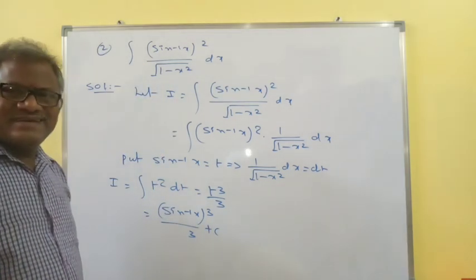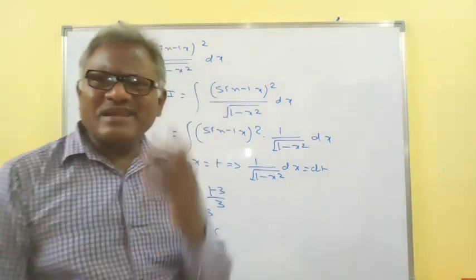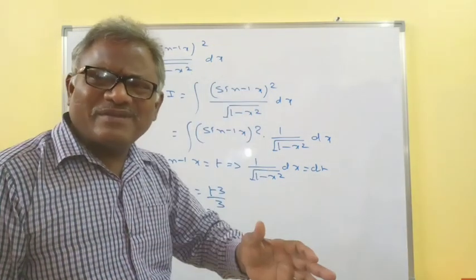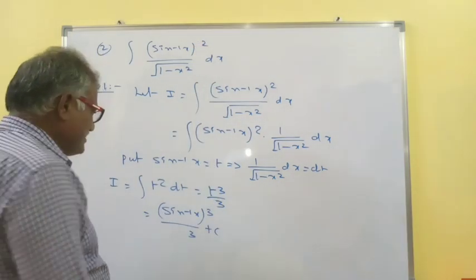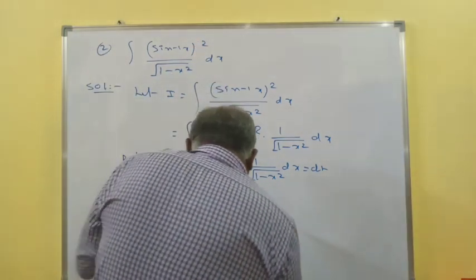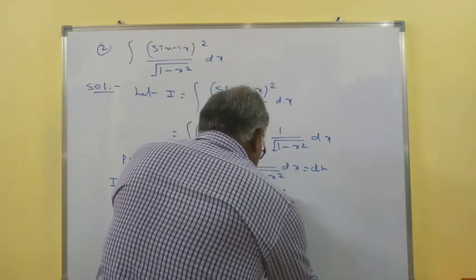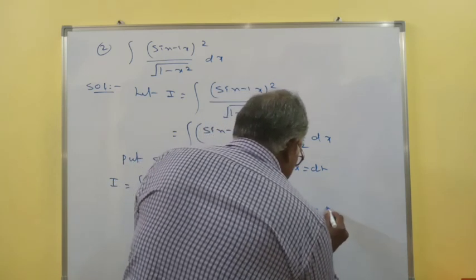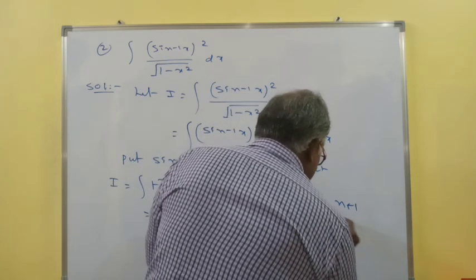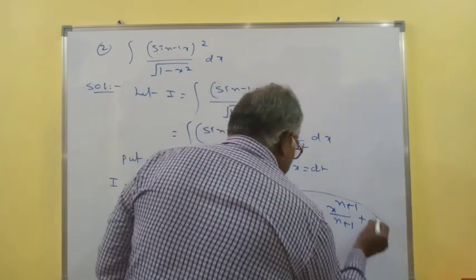Suppose whole power 4 is there, no problem. Whole power 5, whole power n, whatever the problem may be, whatever the power may be, just write that. You should write the formula also: integral x power n dx is equal to x power n plus 1 by n plus 1. This is the formula we have to use for this one.